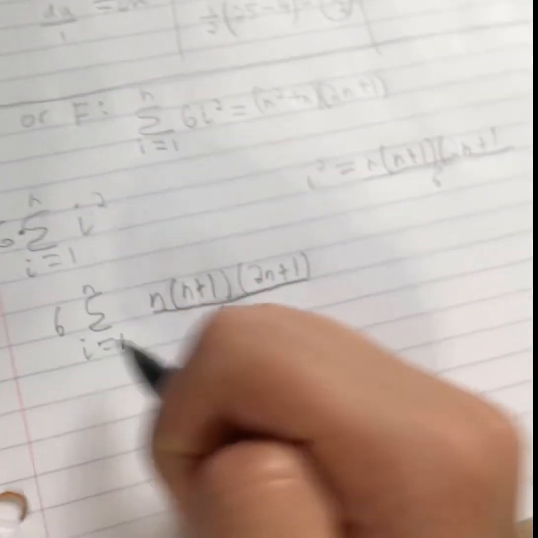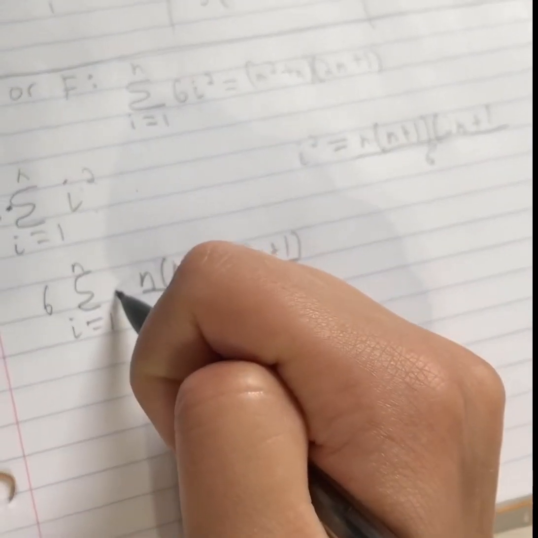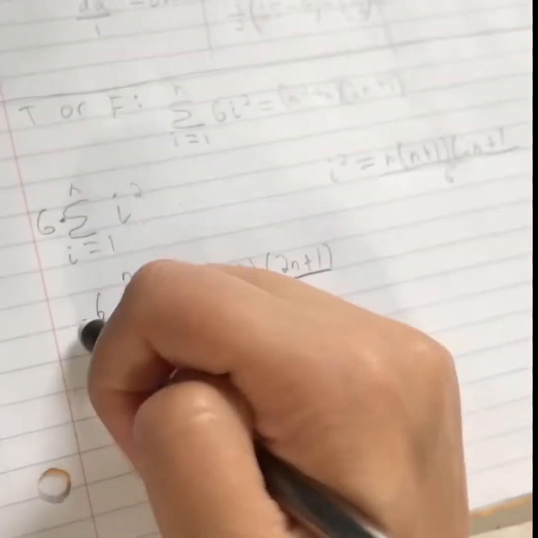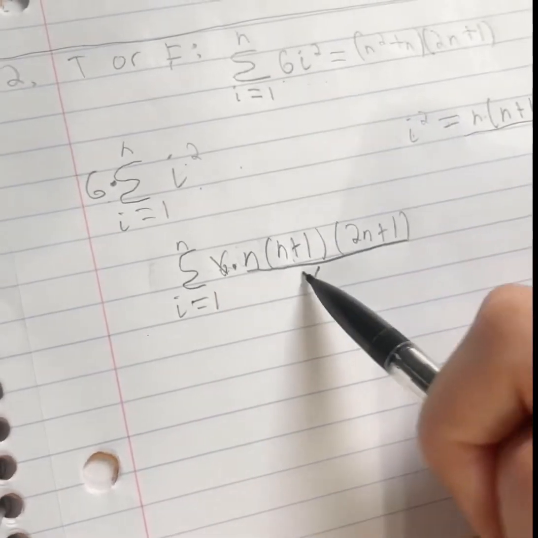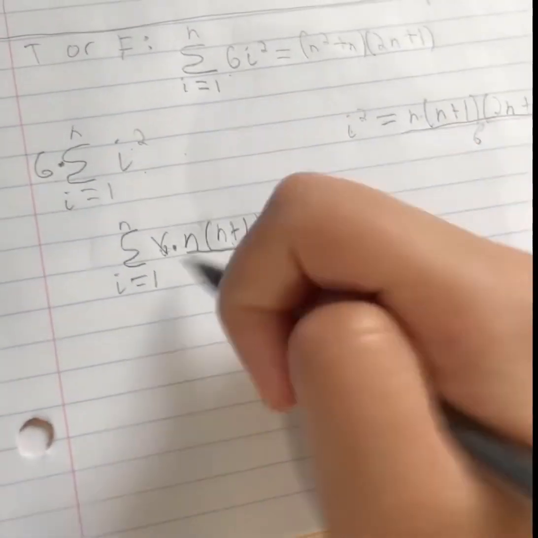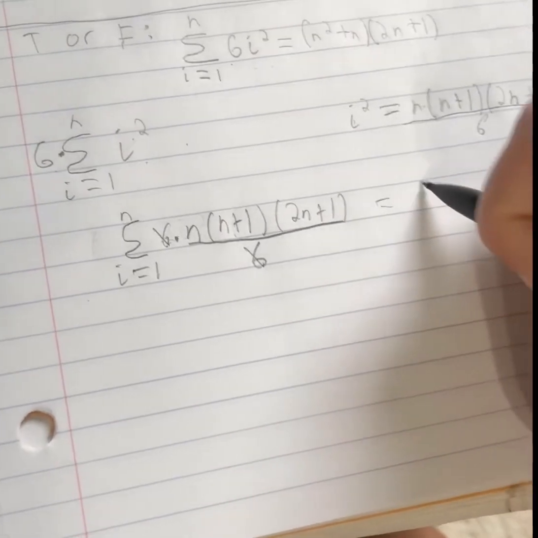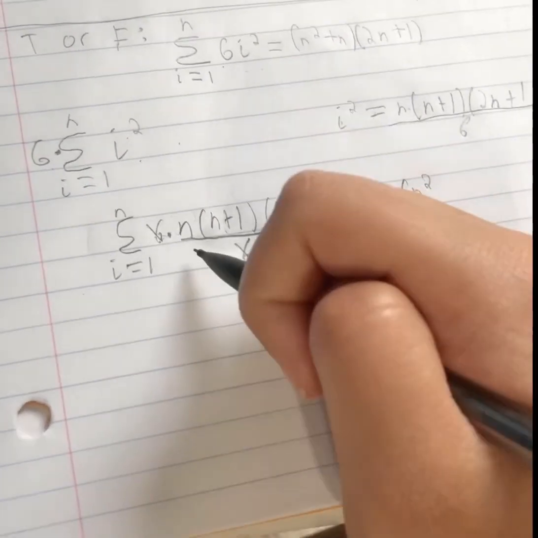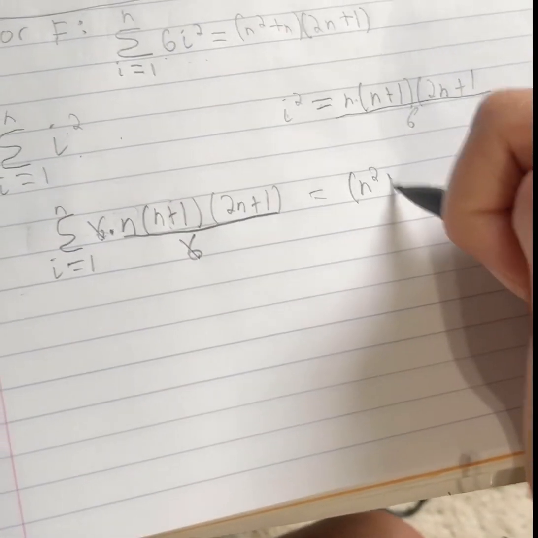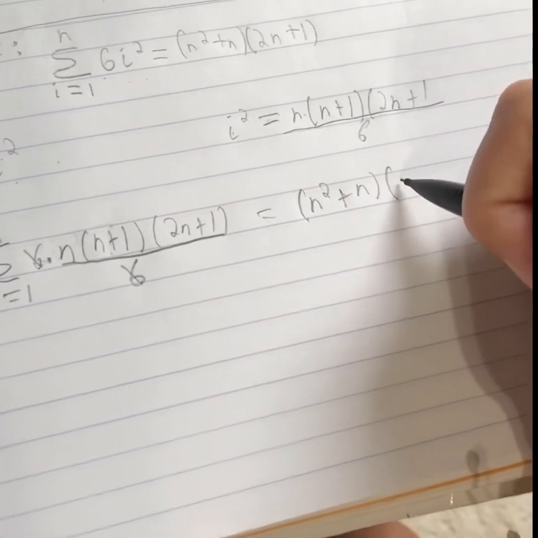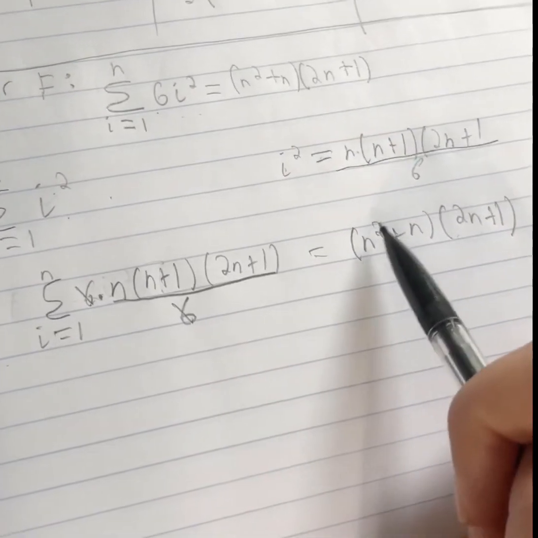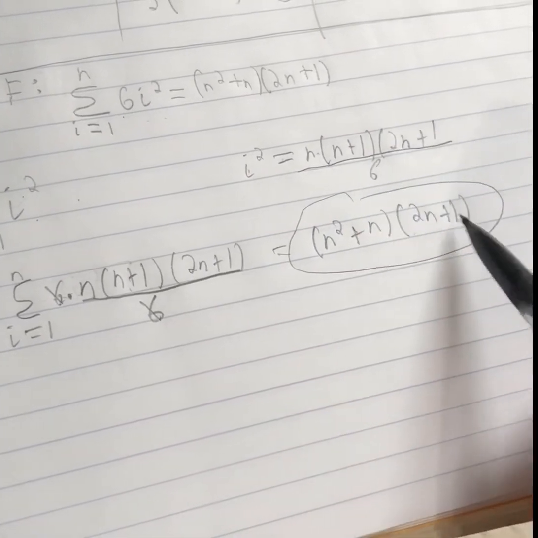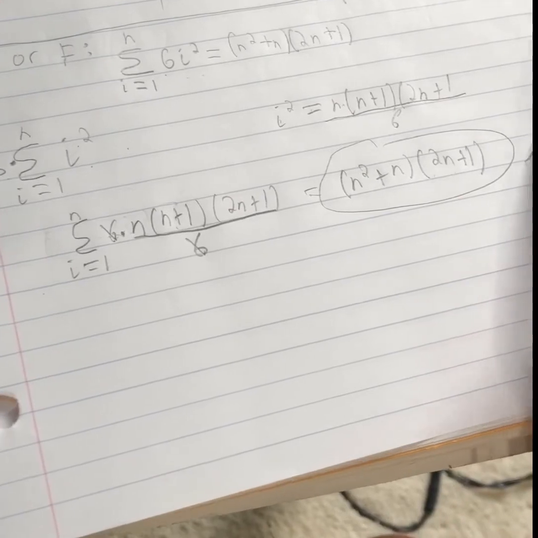So we're gonna take this 6 and multiply it, so we'll do that. And you can cancel out those. So then if you just simplify this, distribute the n, it'll be n squared plus n times the quantity 2n plus 1. And so you can see that that does end up being equal.